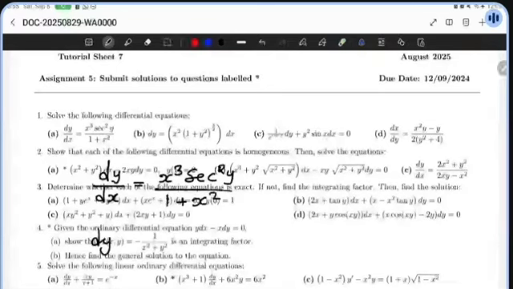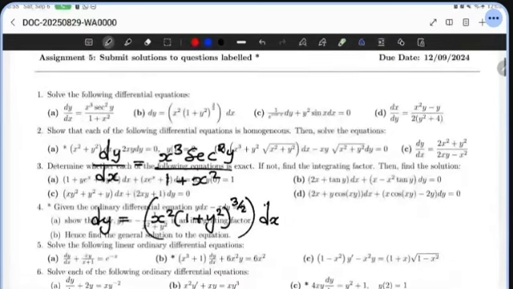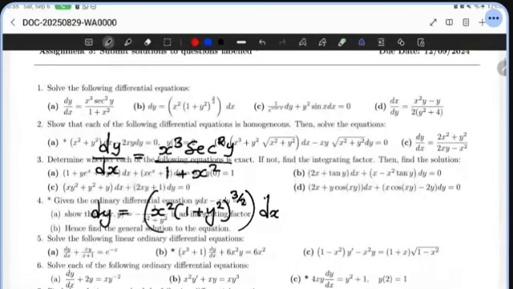dy is equal to x squared 1 plus y squared to the power 3 over 2 altogether dx. And then we can look at even all of them if anything.